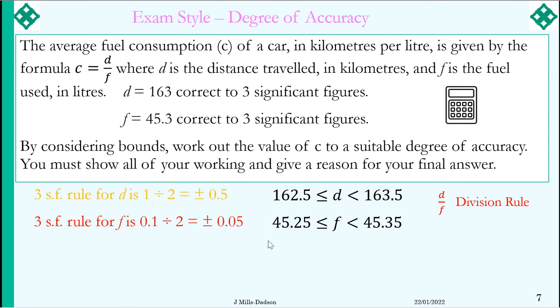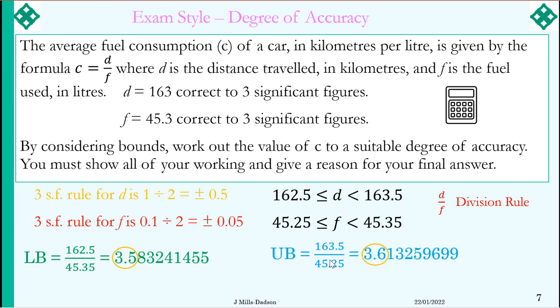So let's start with the lower bound. We take the smallest of the numerator, divided by the biggest of the denominator. So that's what you have. Let's do the upper bound. We take the biggest of the numerator divided by the smallest of the denominator.